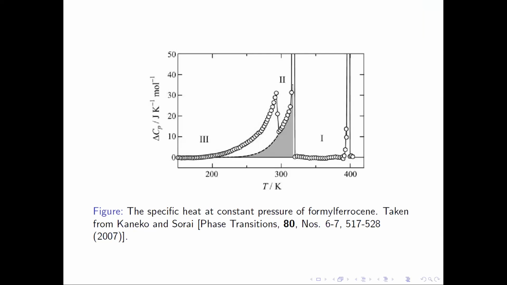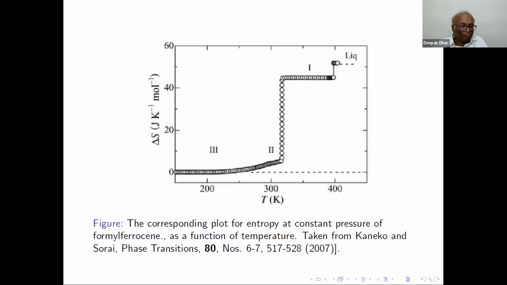Okay, so this one is the same plot, same material, formylferrocene, but now I'm plotting entropy as a function of temperature. You can see that in the liquid phase, there is some entropy roughly constant. It's not really constant, but within the measurement, it's kind of constant, but there is a jump at one point. That is the jump due to the latent heat.